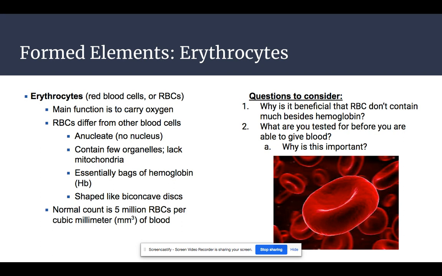And then, two, what are you tested for before you're able to give blood? And why do you think that's important? So if you've ever given blood, they usually will prick your finger and get a little blood out and then put it through a reader. They're testing for iron. Yes, the iron is part of hemoglobin. So hemoglobin is made up of the element iron.